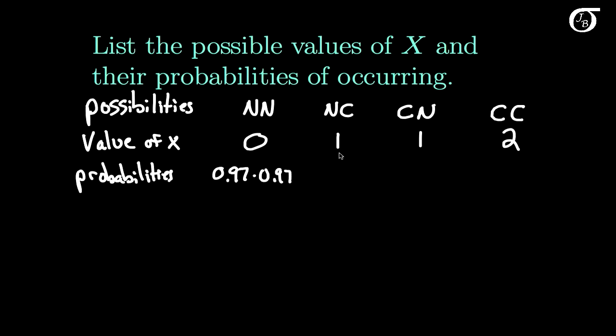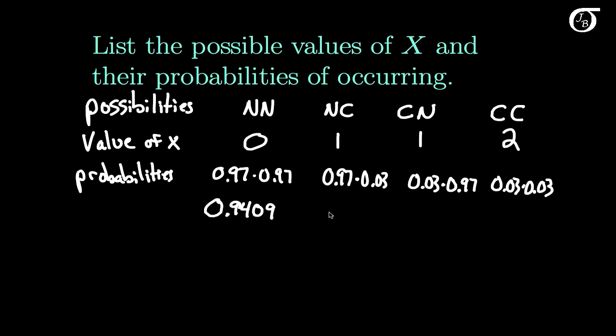The probability of getting N and then C is 0.97 times 0.03. The probability of getting C and then N is 0.03 times 0.97, and the probability of getting two C's is 0.03 times 0.03.